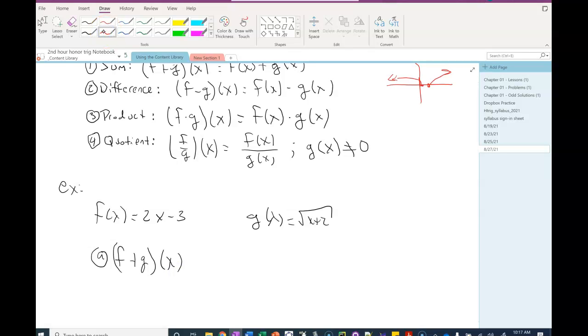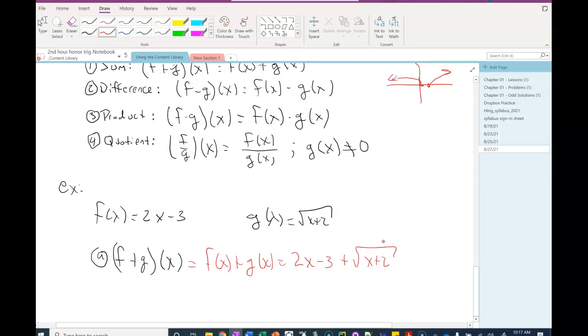So if I want to do f plus g of x, I know that's the same as f of x plus g of x. So that's 2x minus 3 plus the square root of x plus 2. Just substituting things in, right?